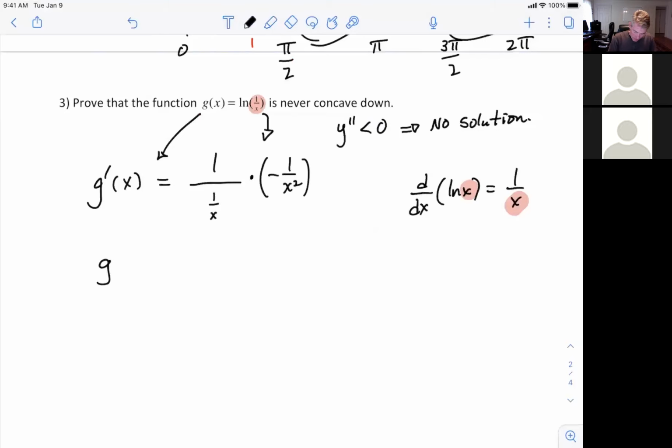Okay, then simplify this. Well, for this part right here, if you have 1 divided by a fraction, that means invert the fraction. So that's going to become, instead of 1 over x, it's going to become x over 1. Then just recopy this other part for a moment.